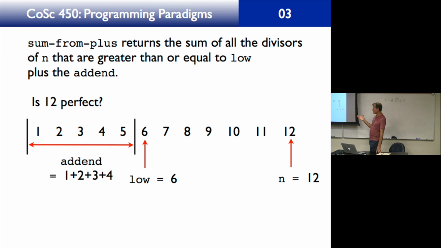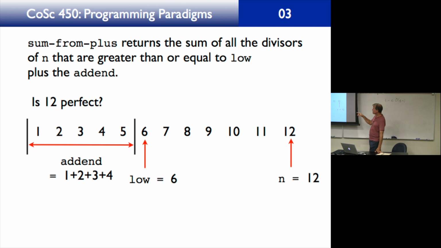The addend is going to contain the sum of all the divisors of n that are less than low. Are you with me on that? That's the invariant. That will always happen each time through the loop. Well, it's not a loop. Each time, at each recursive step, we maintain that invariant.